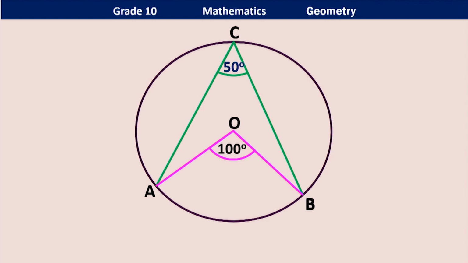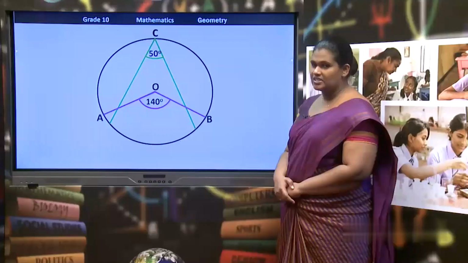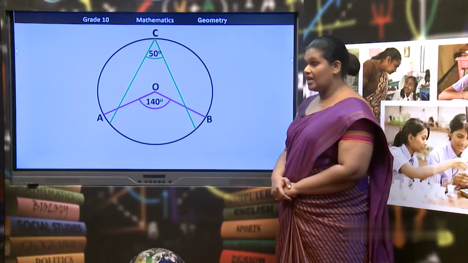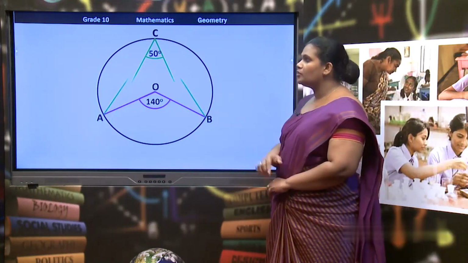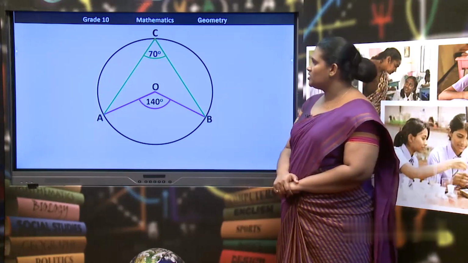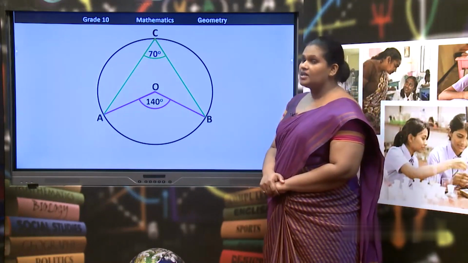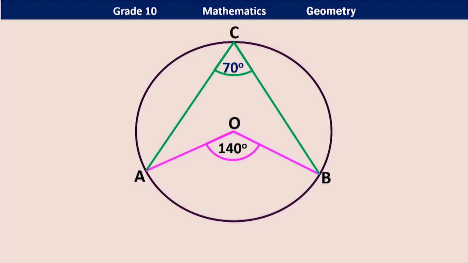I will take another set. Now, this time, angle AOB is 140 degrees. If I draw another angle on the remaining part of the circle as the angle subtended by the same minor arc, what would be the value of it? We will see. Yes, that is 70 degrees.